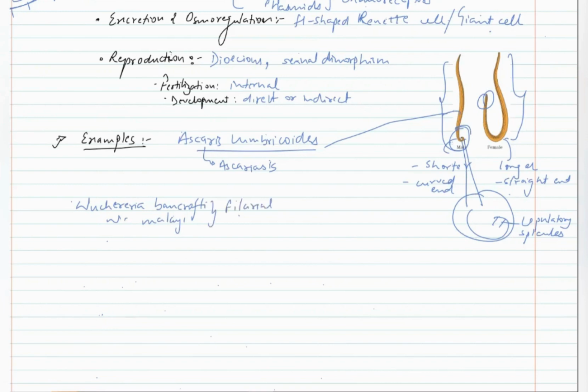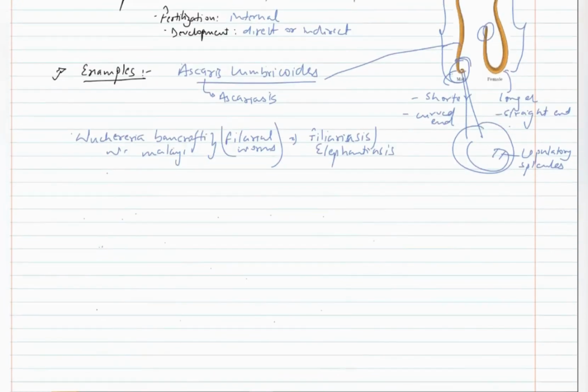These are known as filarial worms, and they cause a disease known as filariasis, which is also known as elephantiasis. It affects the lymphatic system of the body.